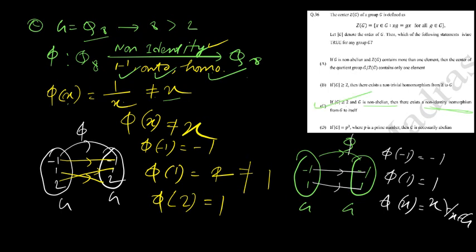Now option D. In option D, the order of G equals p cube, where p is a prime number, and they say that G is necessarily abelian. No, it's not true.